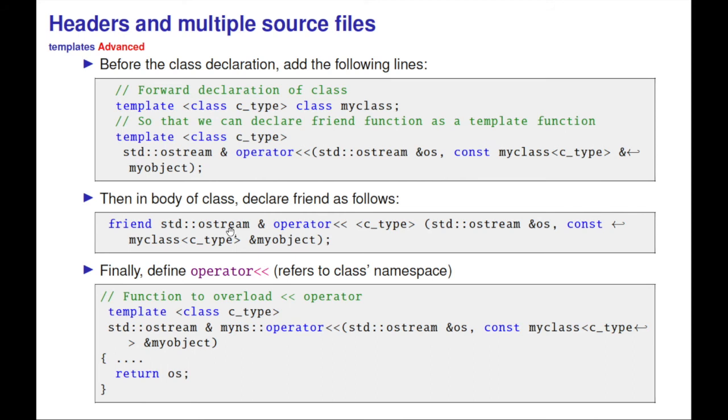In the body of the class, you declare a friend as follows. The weird thing is this gets done before the class, and this gets done after the class, and finally you declare the operator itself, and that requires the class namespace. That's why there's a my namespace operator in there. So it's quite a subtle piece of code, and I would suggest you study the example I put in the code directory for this week.